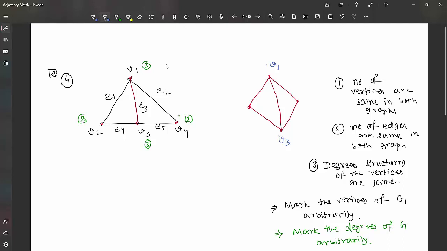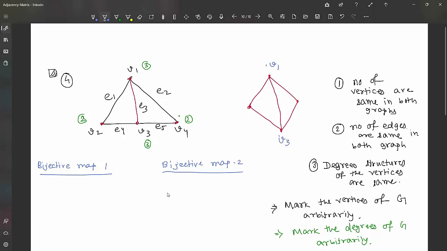So we can say this is bijective map 1, and we can set another bijective map 2. Just for understanding, we are doing multiple bijective maps. We need only one map, but there may be more than one map also.